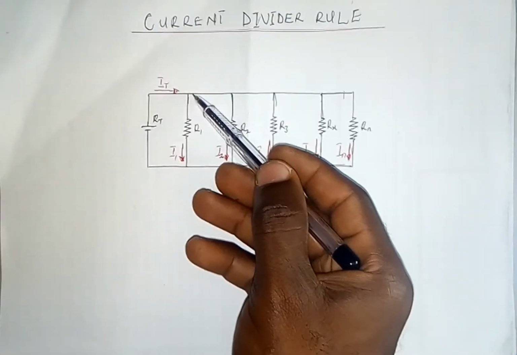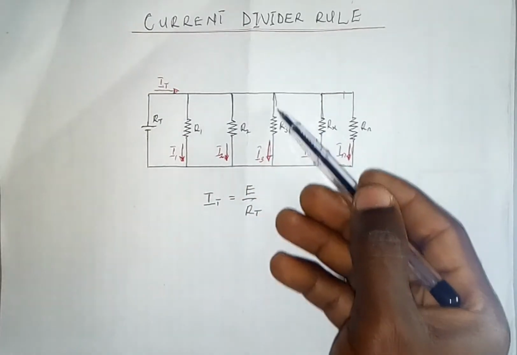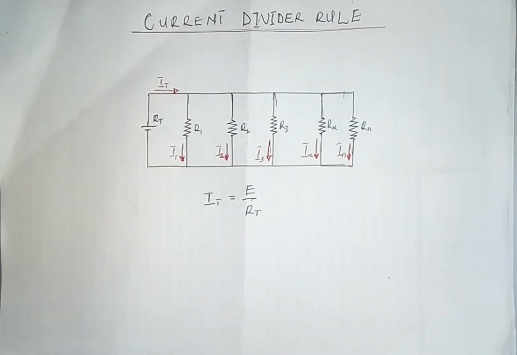Now we are going to be talking about the current that enters each node of these resistors.